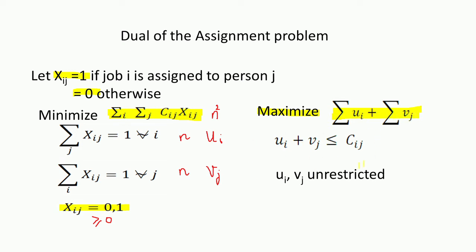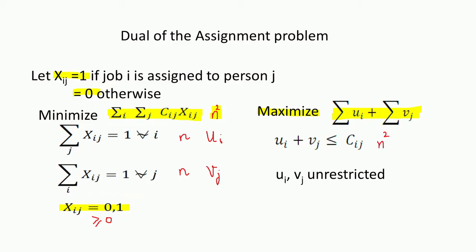Now, there will be as many dual constraints as the number of primal variables. There are n square primal variables, there will be n square dual constraints. So, in this example, if we take 4 by 4, there will be 16 dual constraints.